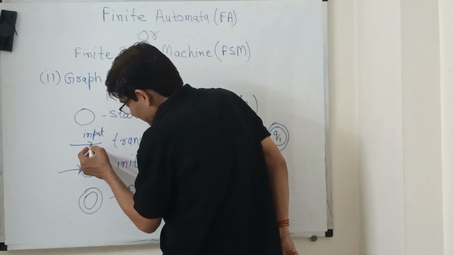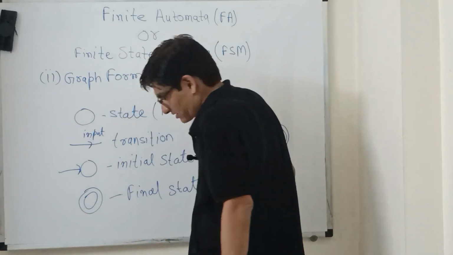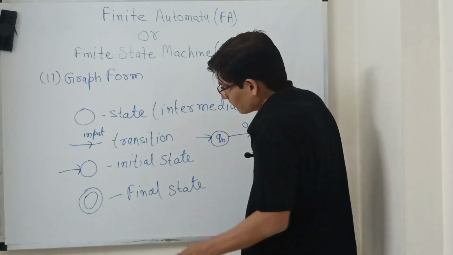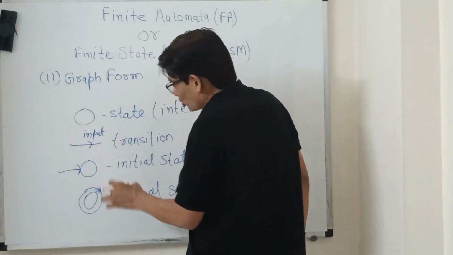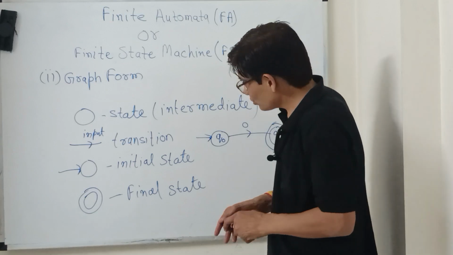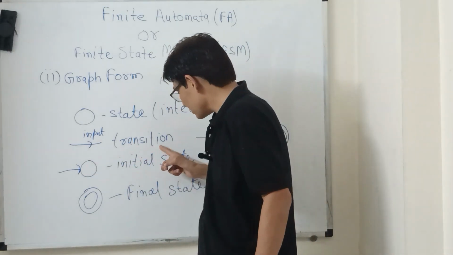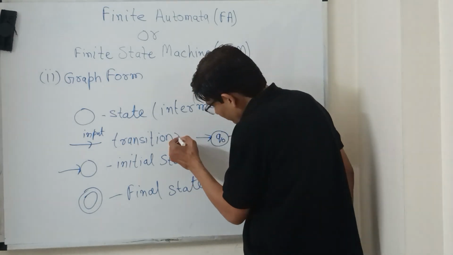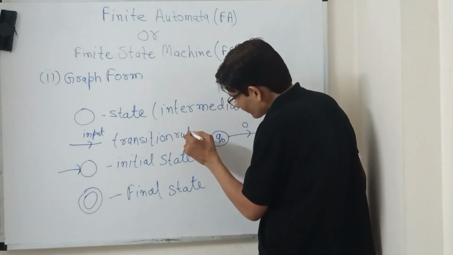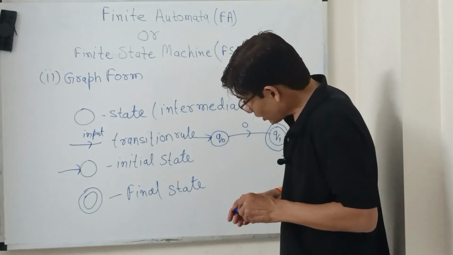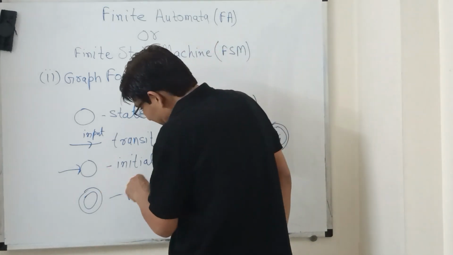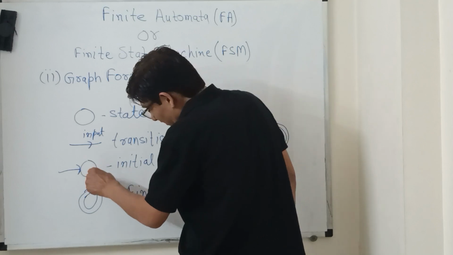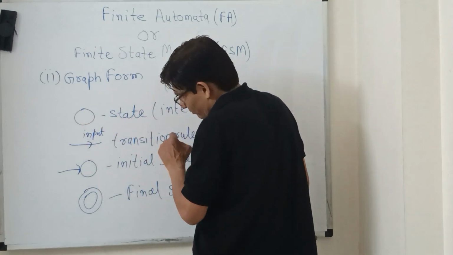Both edges are directed edges, and the input symbol is mentioned over each edge. This is a transition, and you can say it is a transition rule.